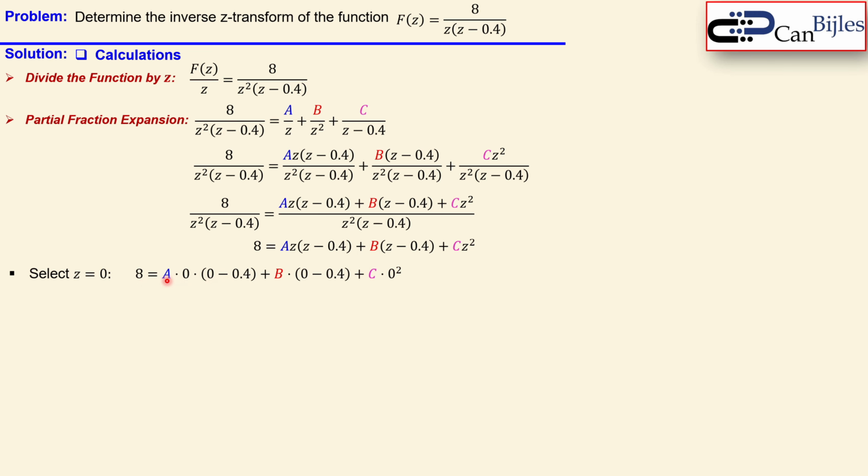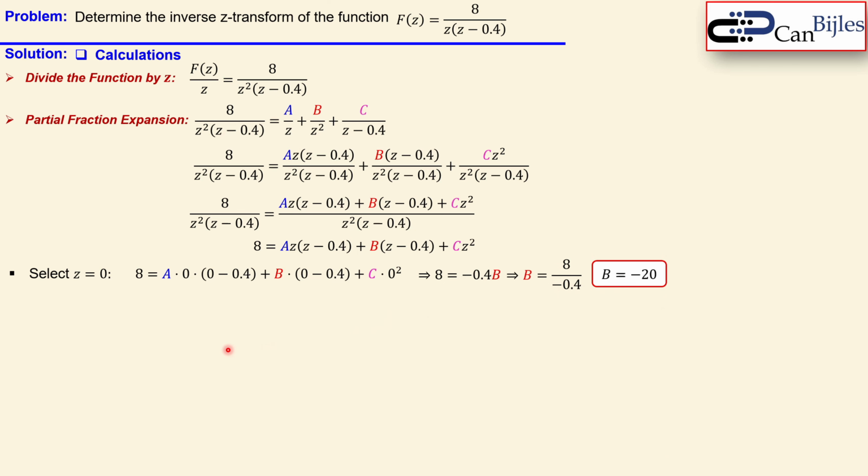So this will go. This is just in detail given. B in a similar form, but that doesn't go, so it will be then minus 0.4 times b, and c is also gone because it will be multiplied by 0 effectively. So you will have 8 is equal to minus 0.4 times b, so the b will be then 8 over minus 0.4, so our b will be minus 20.